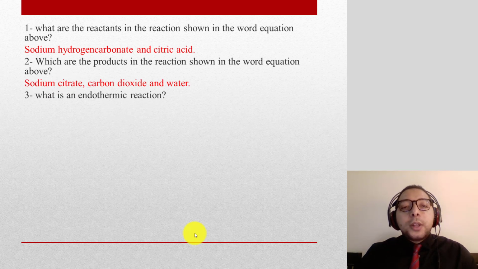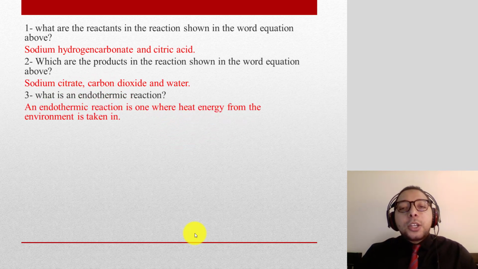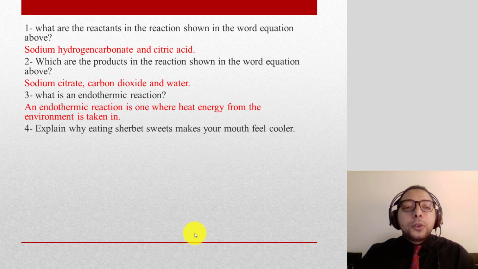Third question, what is an endothermic reaction? As we have taken earlier, an endothermic reaction is a reaction that takes in heat from the environment. Fourth question, explain why eating sherbet sweets makes your mouth feel cooler.